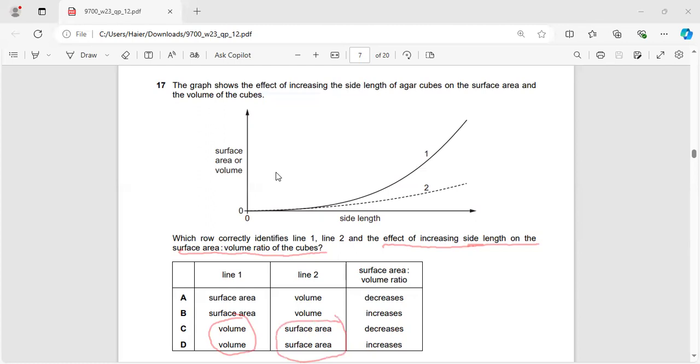So the surface area to volume ratio will decrease if there is an increase in the side length. So according to this, C is the correct option in question number 17.